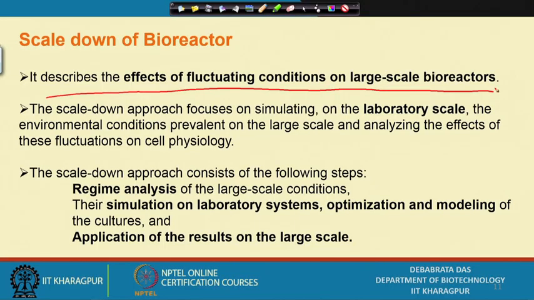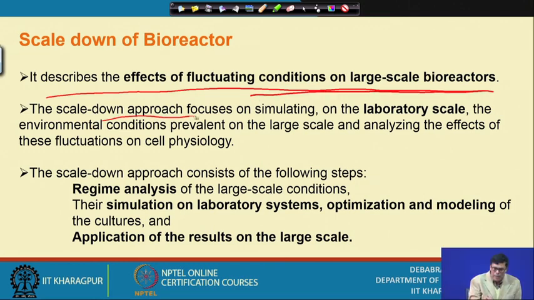Though it is connected with a DG set, that power generation system may require some time to start the process again. So whether that kind of fluctuation affects the productivity of the system, we can study in the small scale and find out. So it describes the effect of fluctuating conditions on the large scale bioreactor.